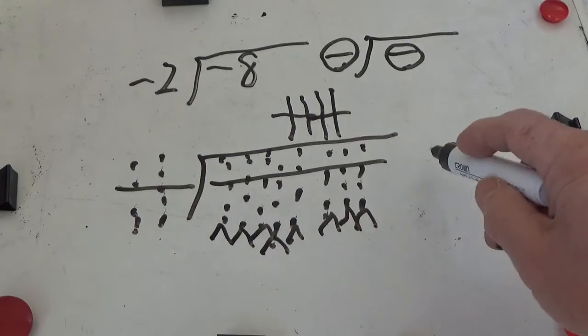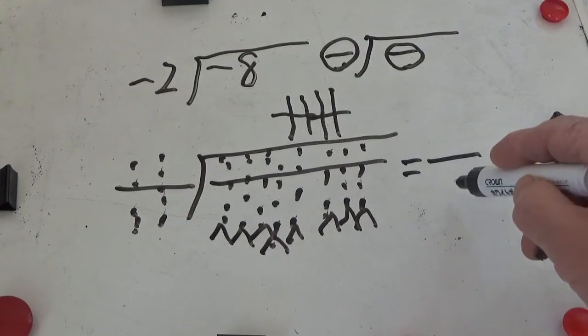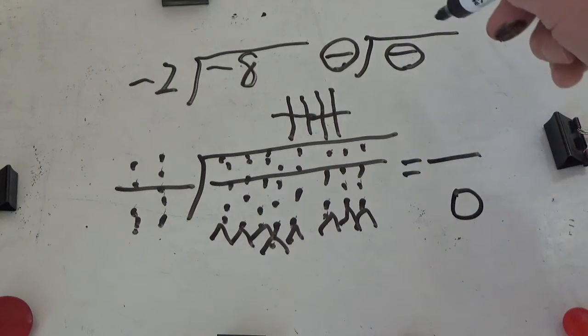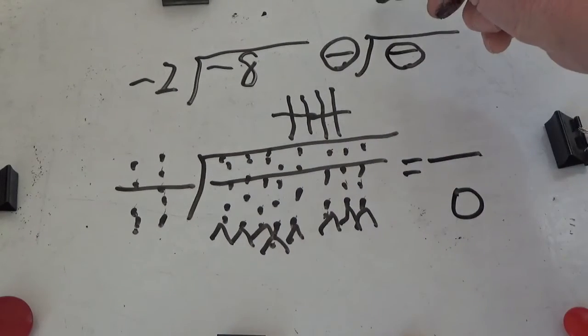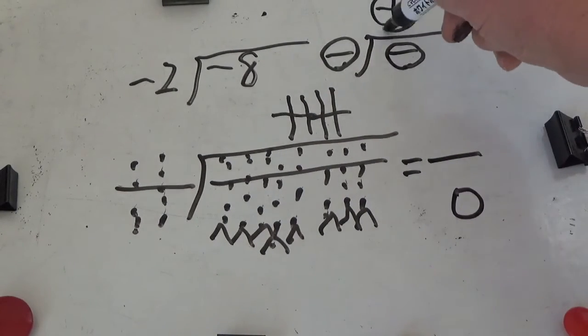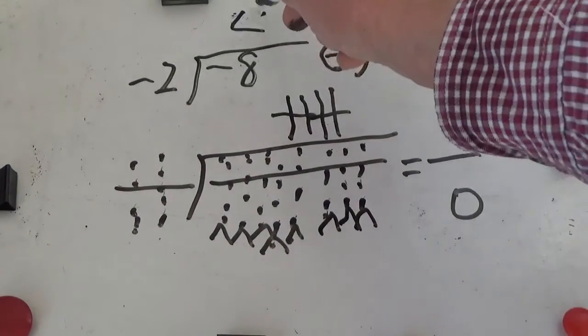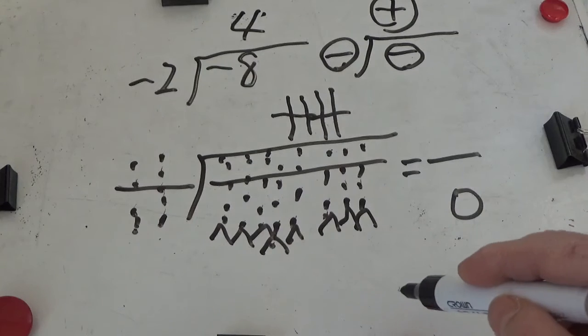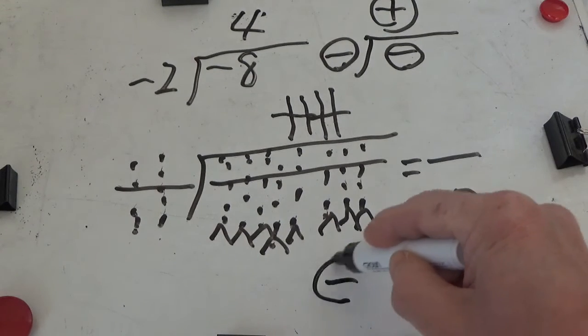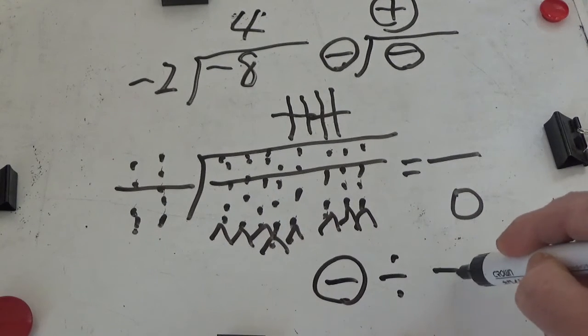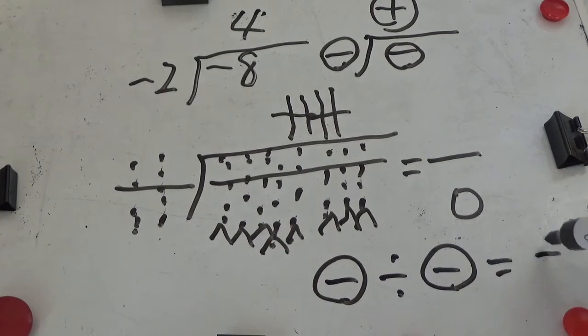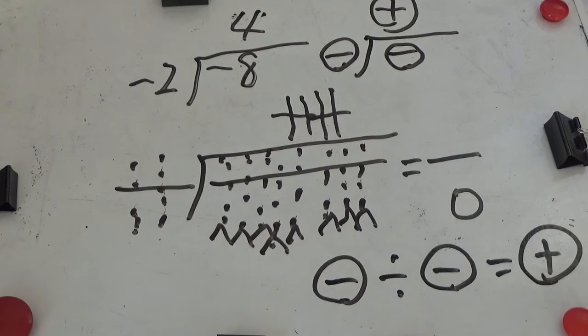So it is 0. So this is positive 4. Negative divided by negative is positive.